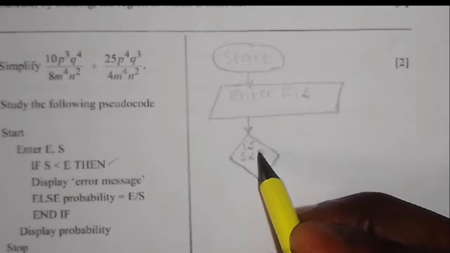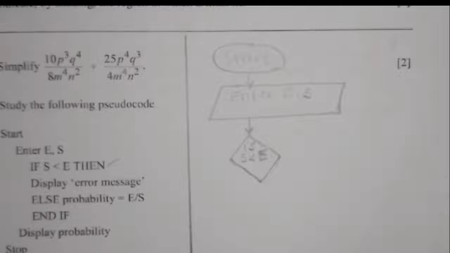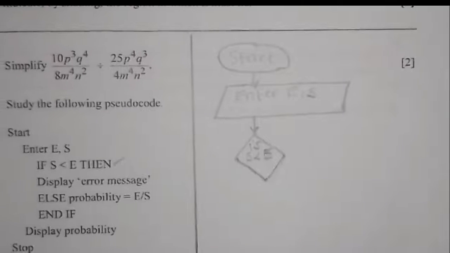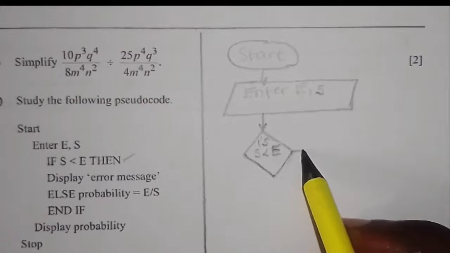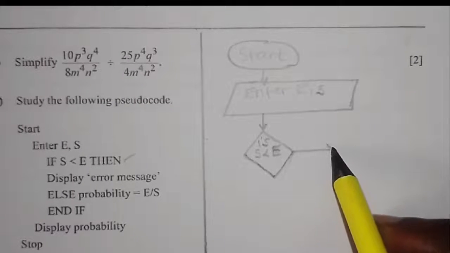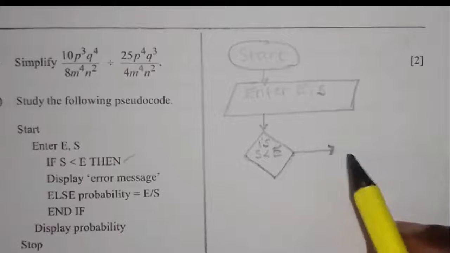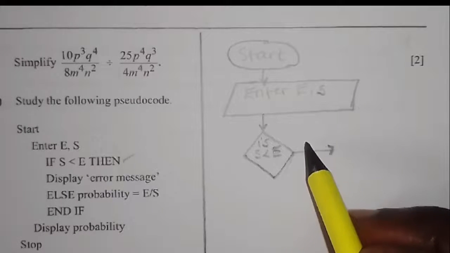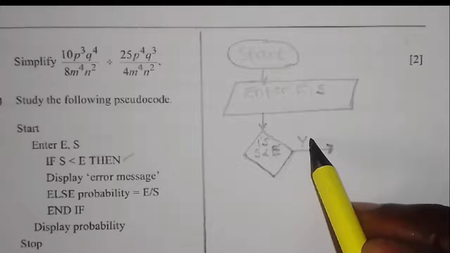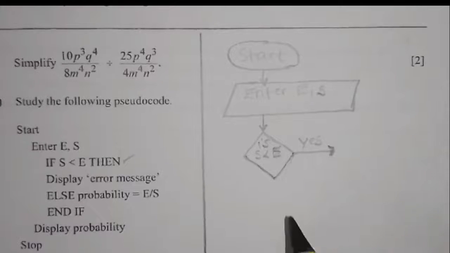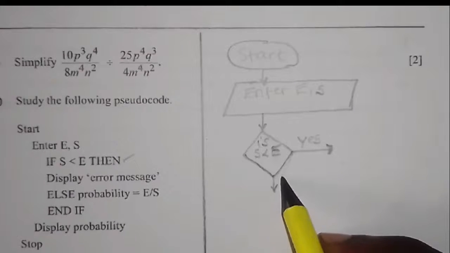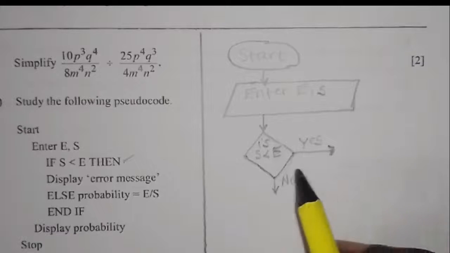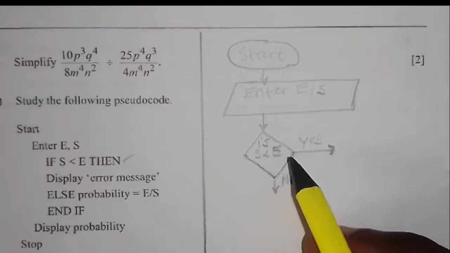So you pose a question. Then on the edges, you put the arrows, and you write the word yes, and down there you write no. Now, is S less than E?